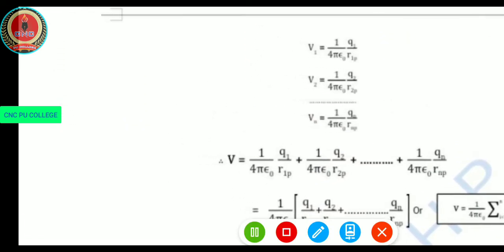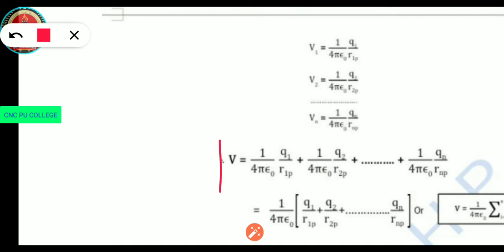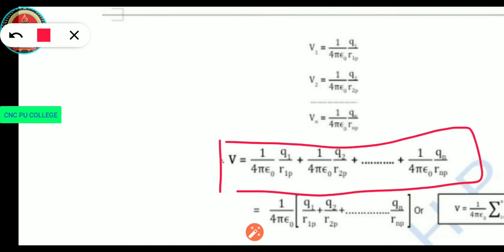Here we substitute: instead of V1 we write 1 by 4 pi epsilon naught Q1 by R1P, plus instead of V2 we substitute 1 by 4 pi epsilon naught Q2 by R2P, plus and so on, plus 1 by 4 pi epsilon naught Qn divided by RnP.